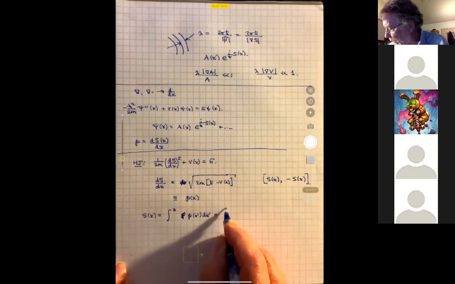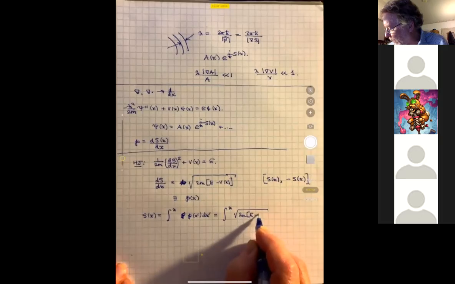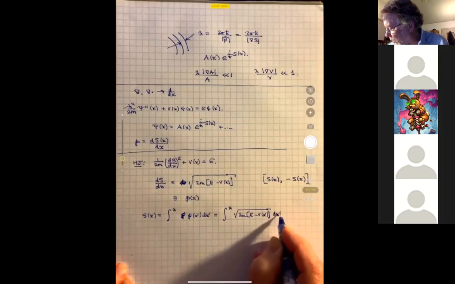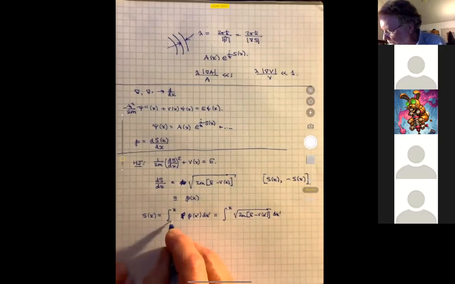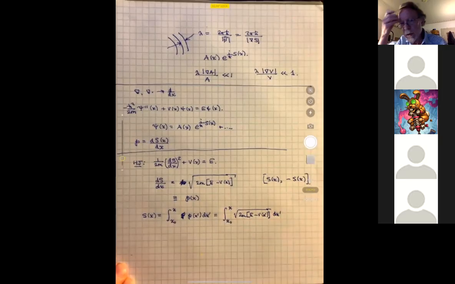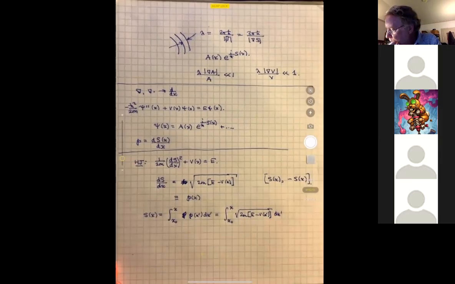If you wanted to write it out explicitly, there's an upper limit x here, and then you get the square root of 2m times E minus V of x prime, and then a dx prime like this. Now the lower limit can be any value you want. Let me put it down as x0, and you get a solution for S of x.